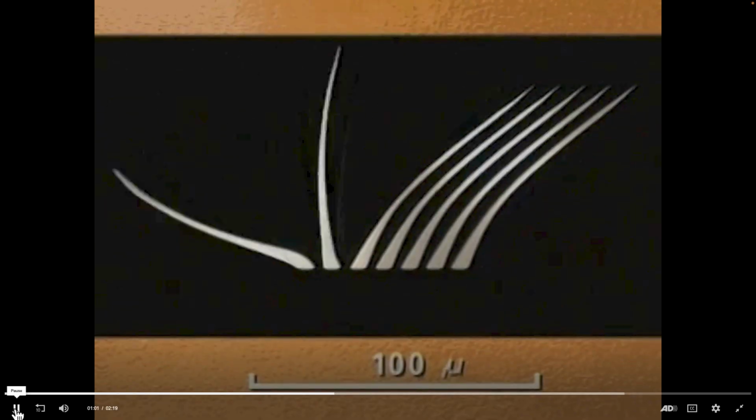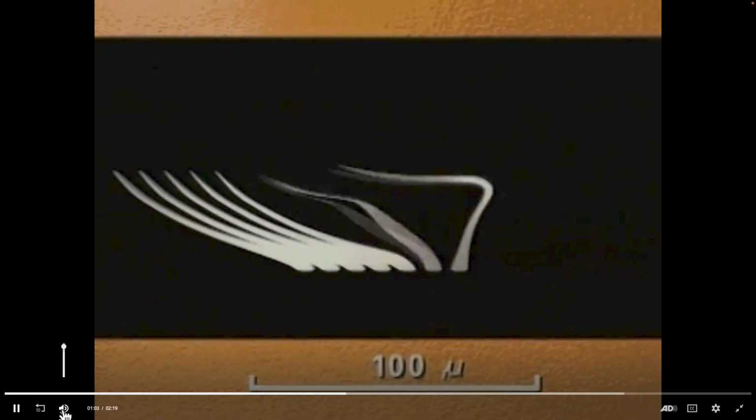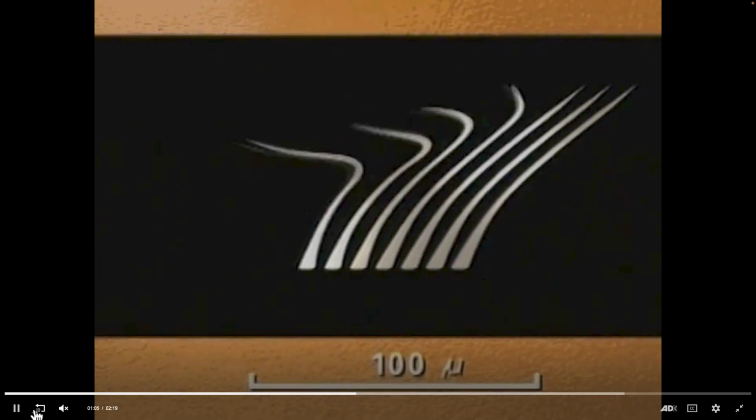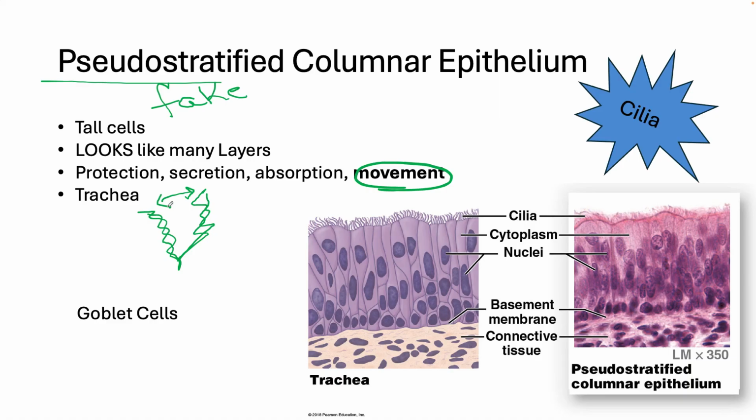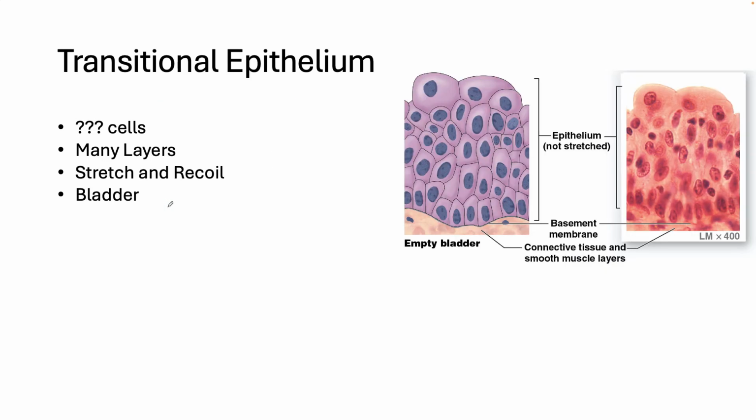These cilia beat back and forth, over and over, each one individually moving, but together forming kind of a brush. And those cilia help these cells move mucus and any particles trapped in the mucus up out of the respiratory tract.